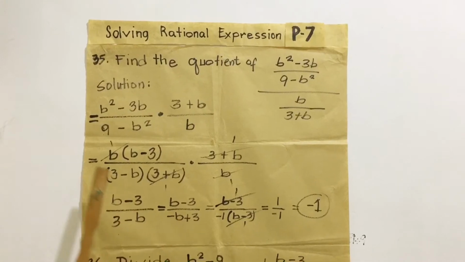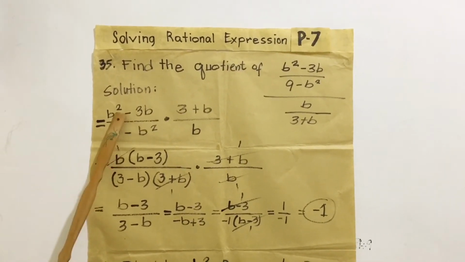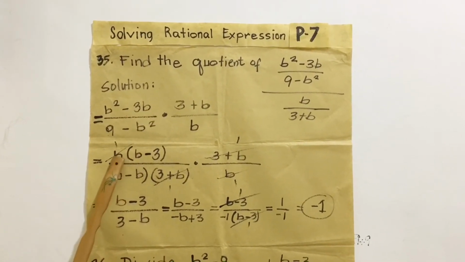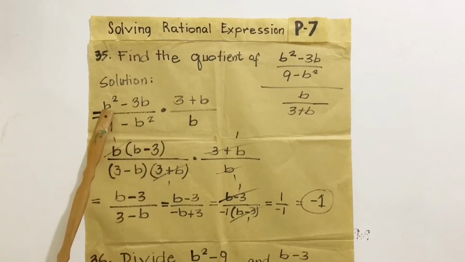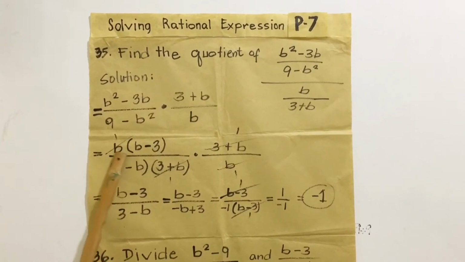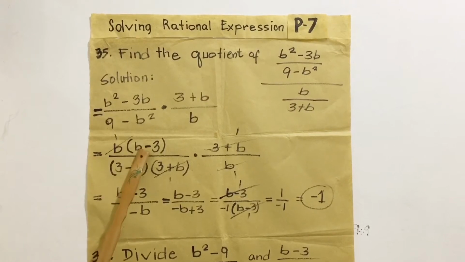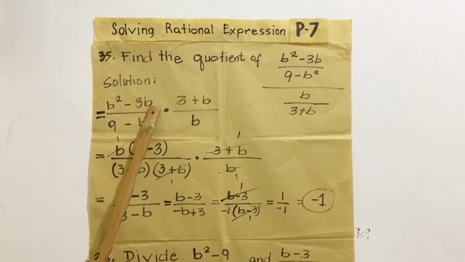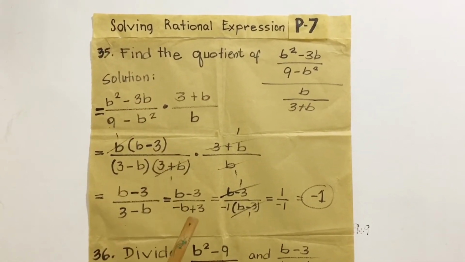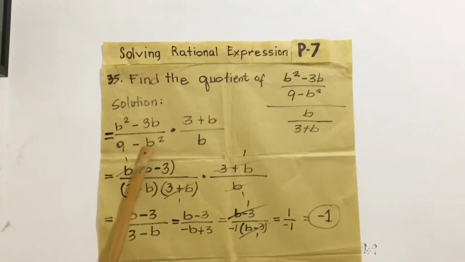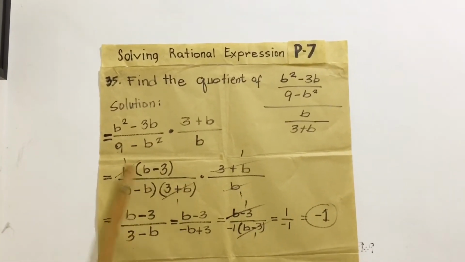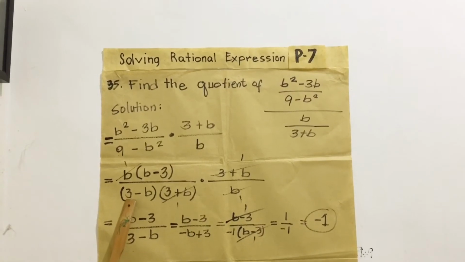And after that, we're going to factor. B squared minus 3b, the factor is b times (b minus 3). The common factor is b, so we're going to divide it. B squared divided by b equals b. Then negative 3b divided by b equals negative 3. 9 minus b squared, the common factor is 3.